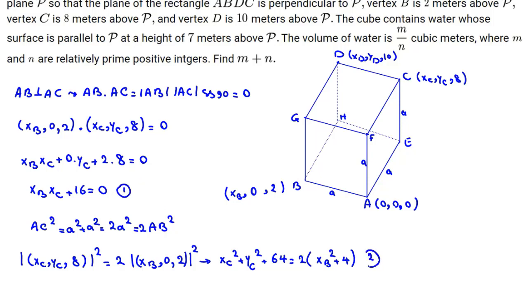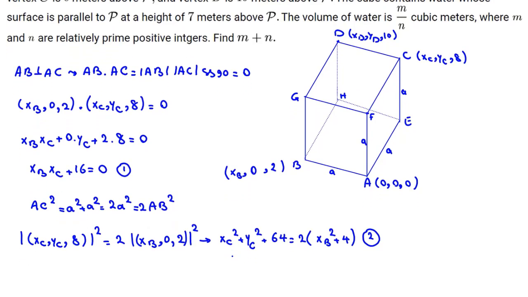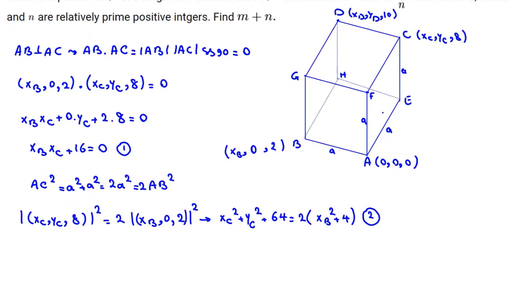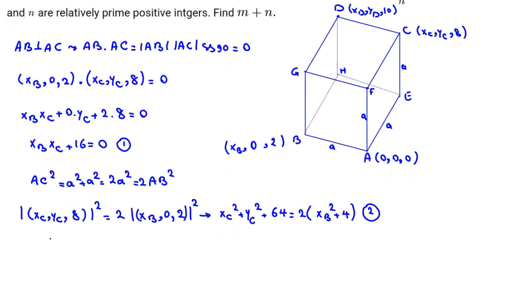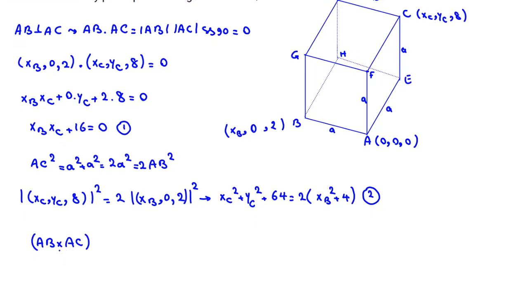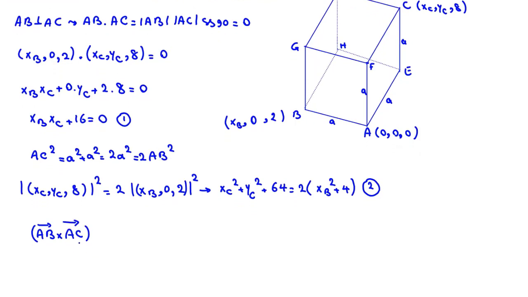Now, okay, so first thing we have this. Second thing we have this. Our variables are what? xb, xc, yc. We need one more equation. If we consider AB cross product AC, it is a vector, and let me tell you, the vector is perpendicular to the plane of AB and AC.